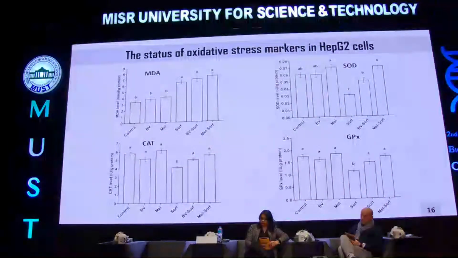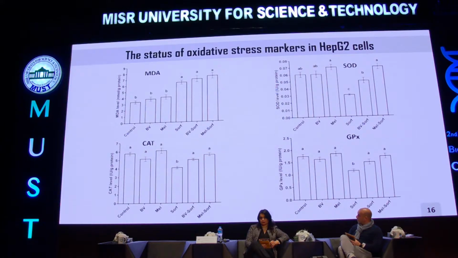Then we switch to the effects of single and combined treatments of melittin with sorafenib, or crude venom with sorafenib, on the stress markers. Of course, MDA has been increased significantly with sorafenib individually or in combination with both venom and melittin.